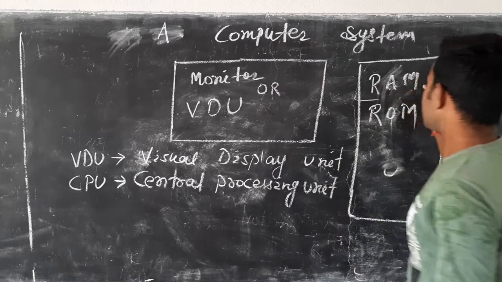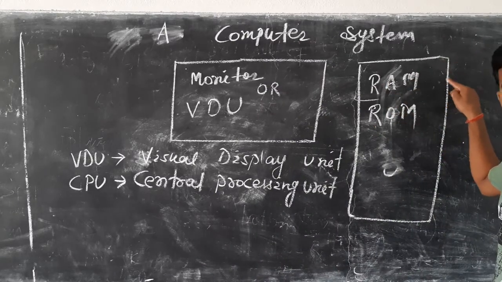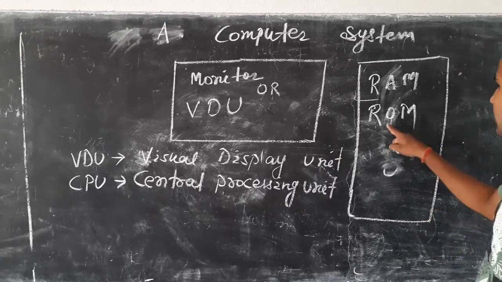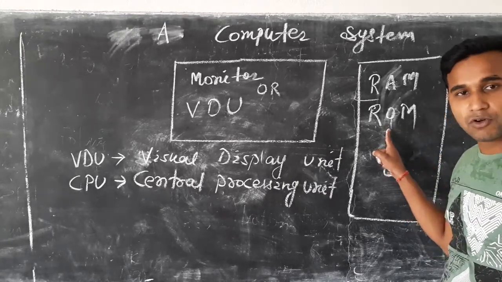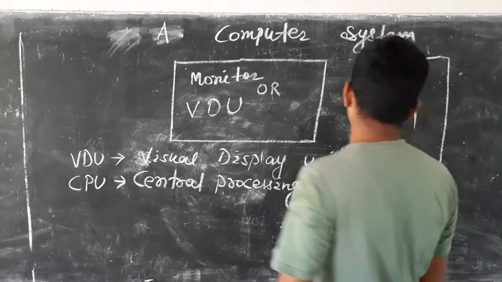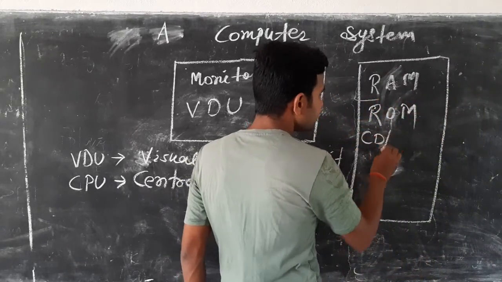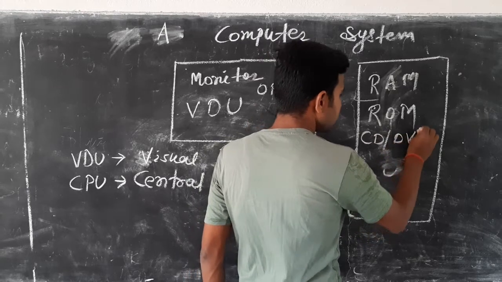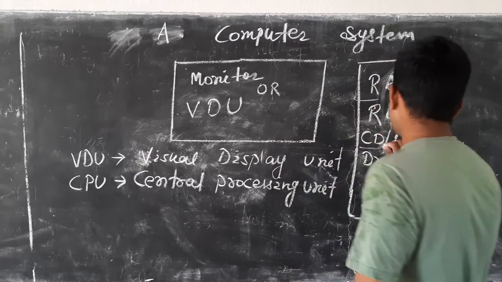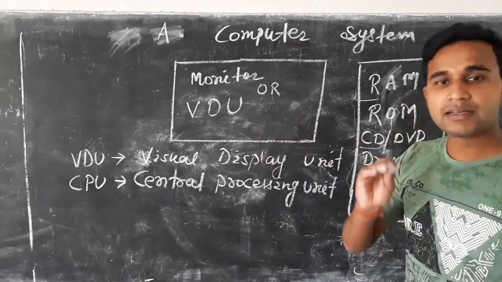RAM means random access memory. Second is ROM, as you already know, read only memory. It also has a CD and DVD drive.